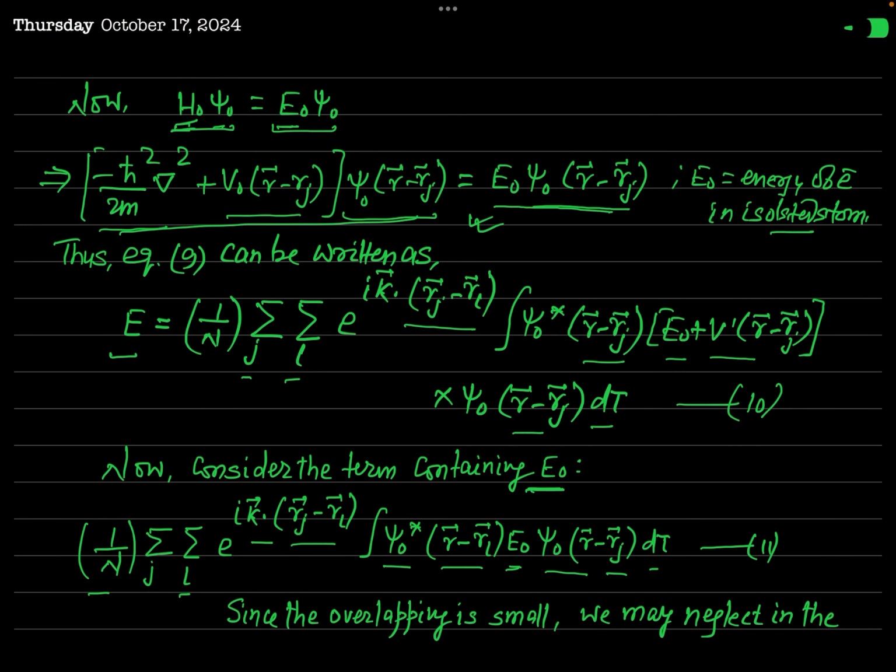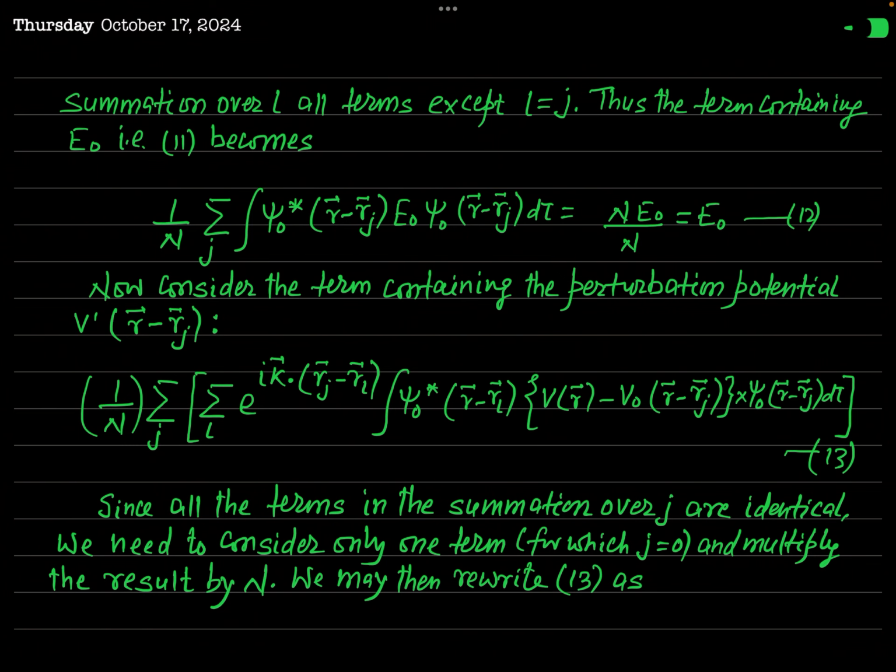So, if the overlapping is small, in that condition we may neglect, in the summation over L, all terms except L equal to J. Why will we neglect those?